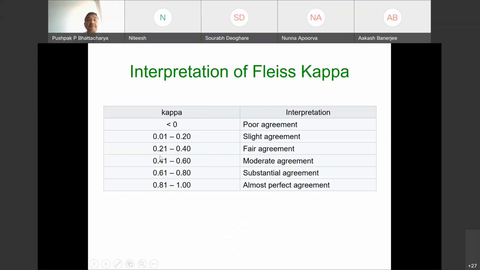So kappa begins from 0.2 as fair, goes up to moderate, substantial, and almost perfect, through 0.2 to 0.4 to 0.6 to 0.8. So a lower kappa value for Fleiss is expected compared to Cohen. When we have a Fleiss kappa value of 0.3 or 0.4, this is fairly good, and that would be bad for Cohen kappa.